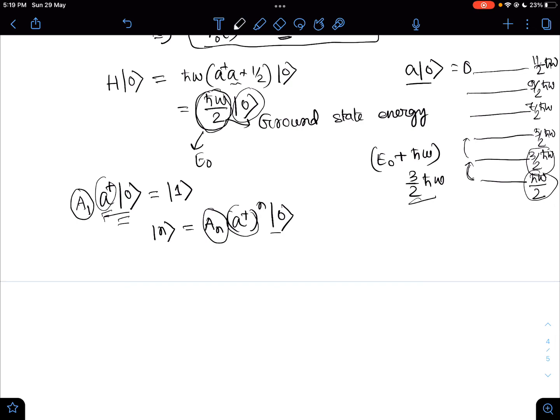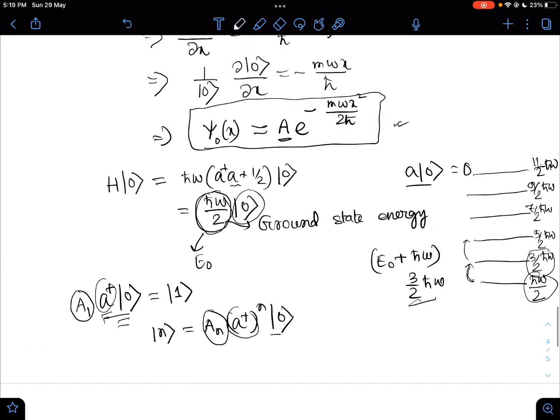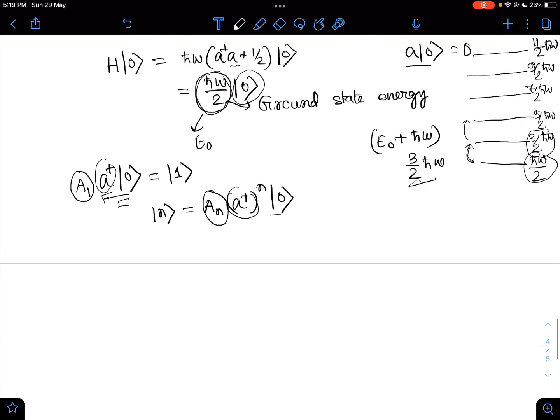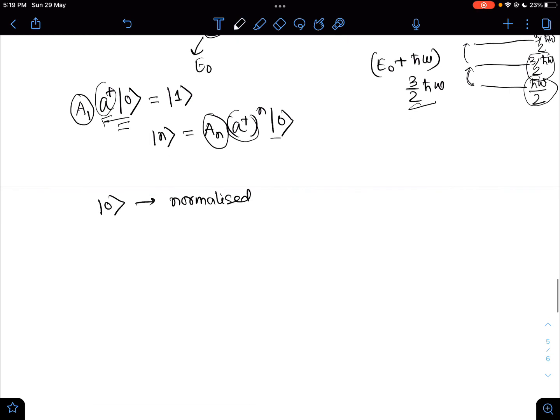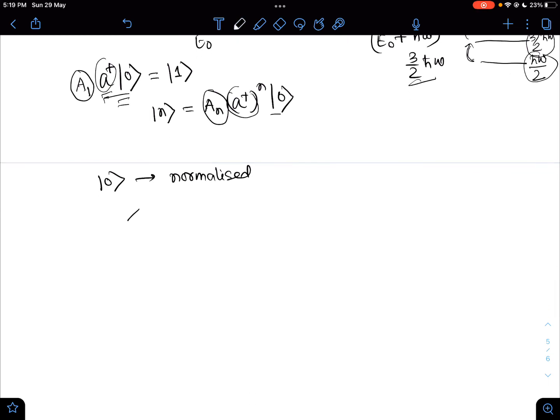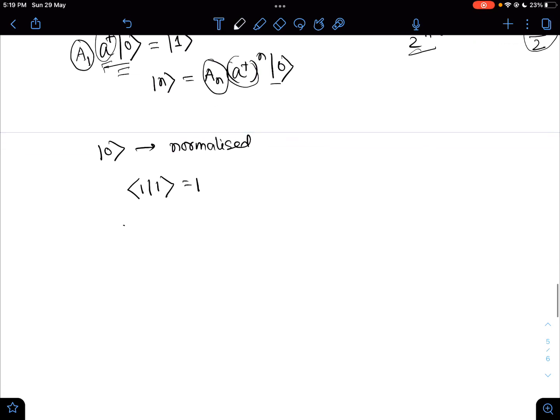First of all, we already assume that the |0> state is normalized. So for |1> to be normalized, we need <1|1> to be 1. So what will we get from here? We will get a_1 squared <0|A A dagger|0>, and this should be 1.